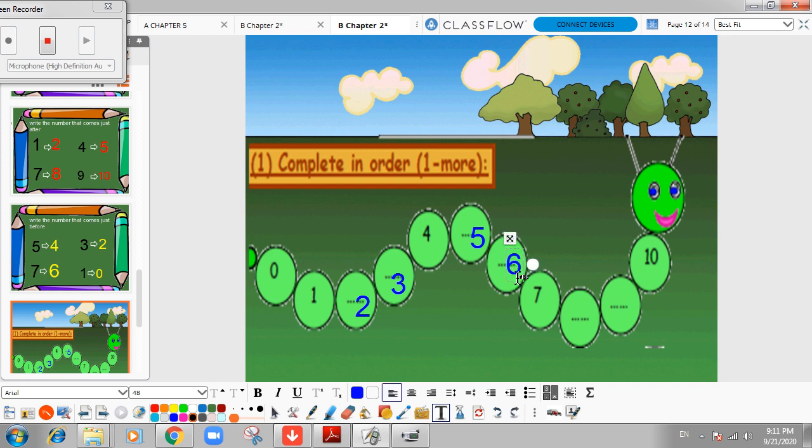After 6 comes 7, after 7 comes 8, after 8 comes 9, and after 9 comes 10. So now the numbers are completed in order with one more: 0, 1, 2, 3, 4, 5, 6, 7, 8, 9, and 10.